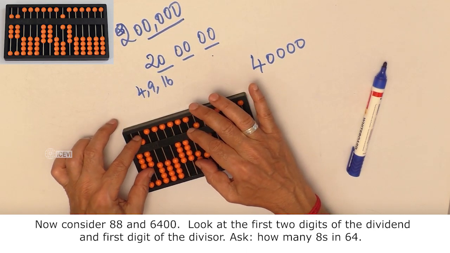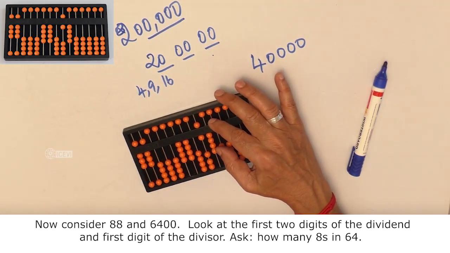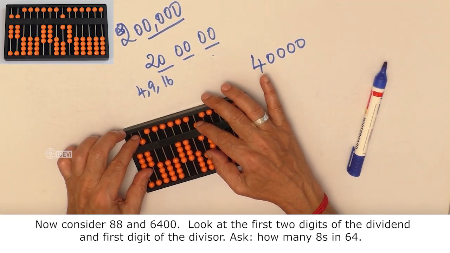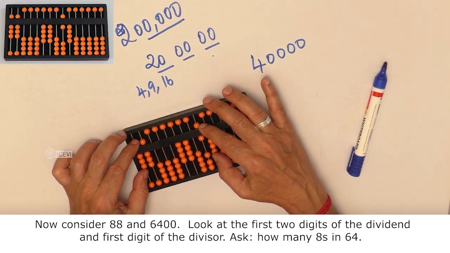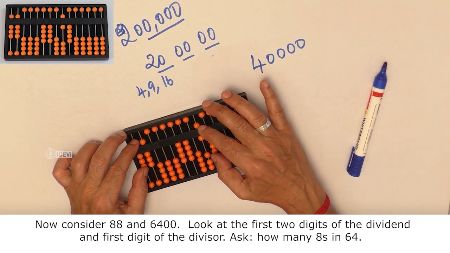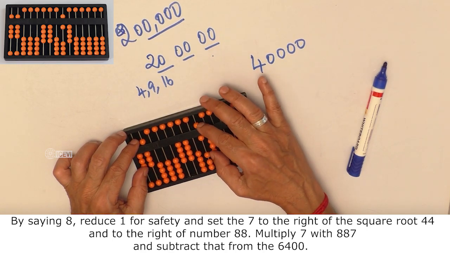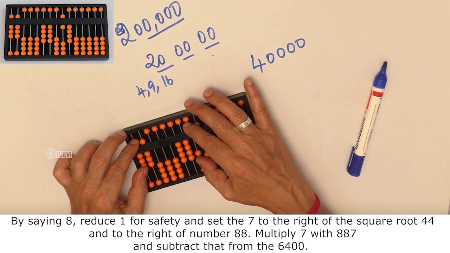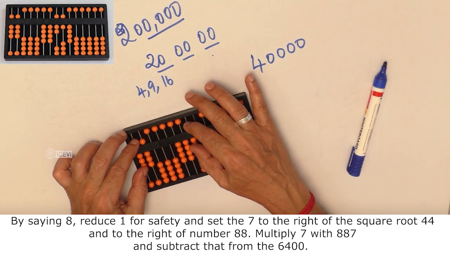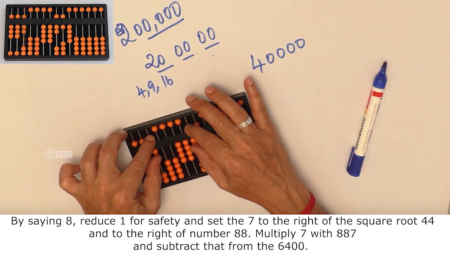Now consider 88 and 6,400. Look at the first 2 digits of the dividend and the first digit of the divisor. Ask how many 8s in 64 by saying 8, reduce 1 for safety and set the 7 to the right of the square root 44 and also to the right of the number 88.